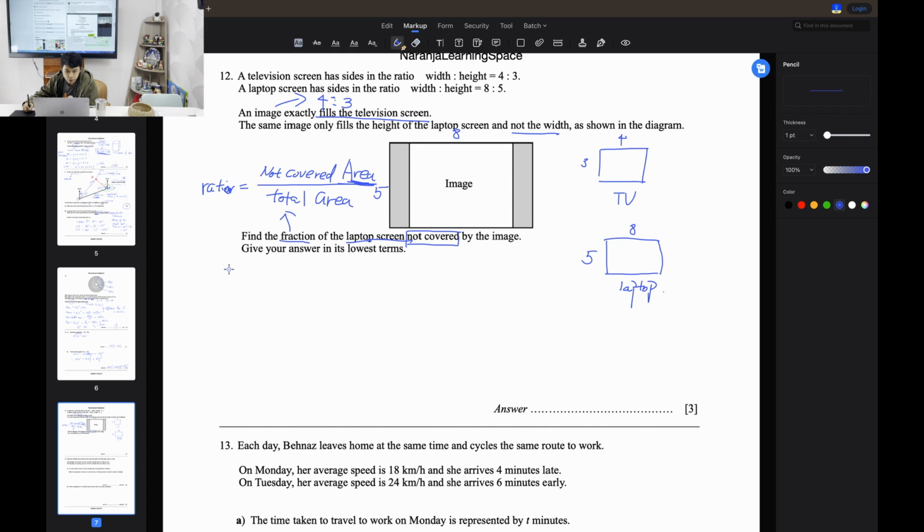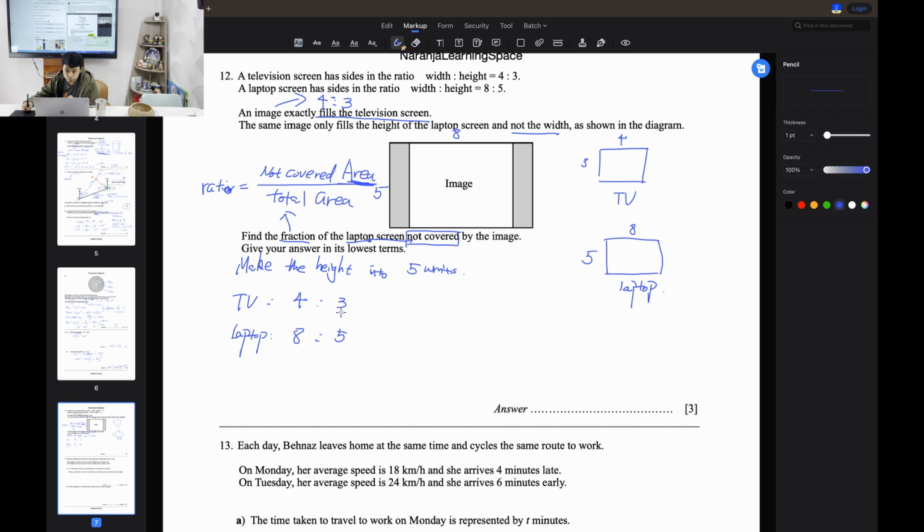So if we are to make the height into 5 units, which means your TV is supposed to be 4 to 3, and your laptop is 8 to 5.